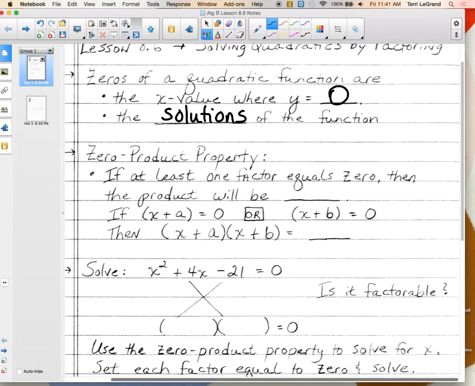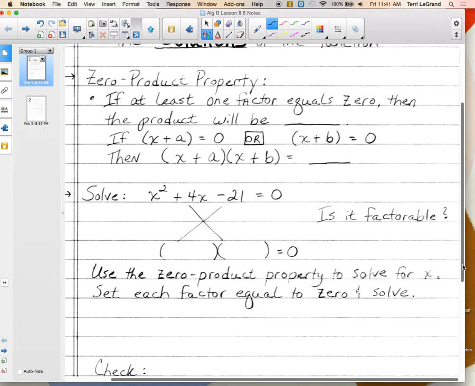Okay? Zero product property. If at least one factor equals 0, in other words, if one of the numbers you're multiplying by is 0, then the product will be what? If I have 6 times 0, what's the product? 0. If I have negative 3 times 0, what's the product, Riley? 0.